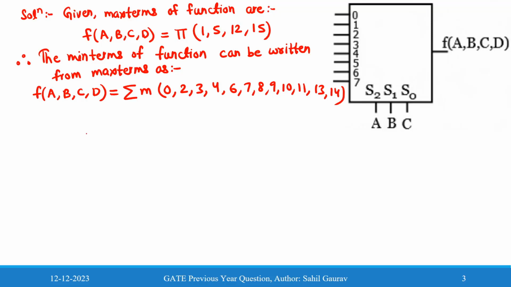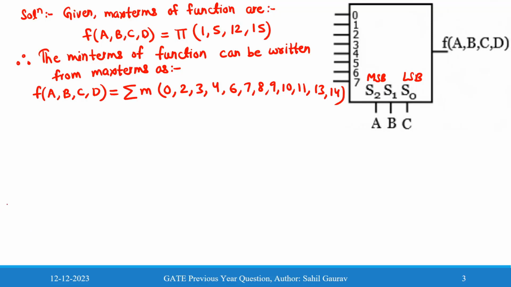Now we have to implement this function using an 8x1 multiplexer, where the select lines are connected to the inputs A, B, C. So S2 is MSB and is connected to A, S1 is connected to B, and S0 is connected to C, which is the LSB.